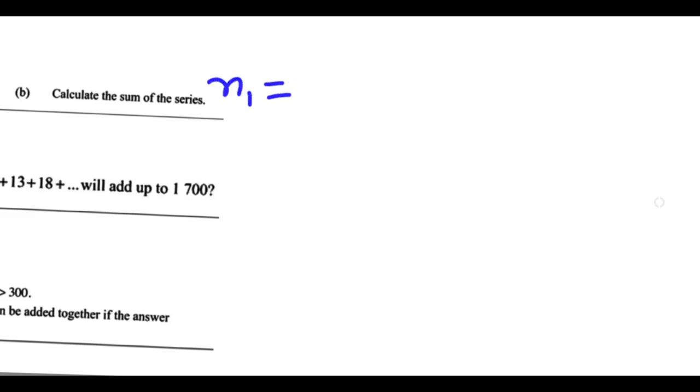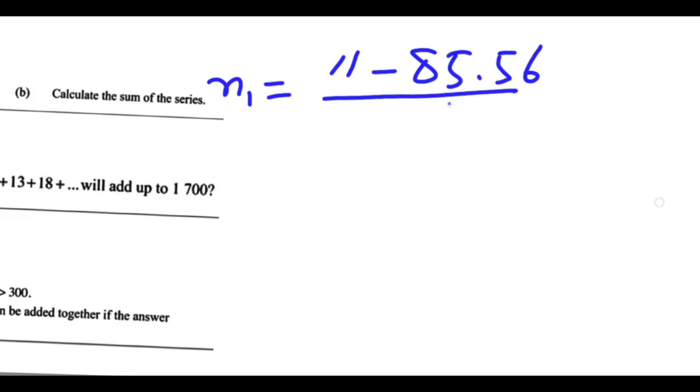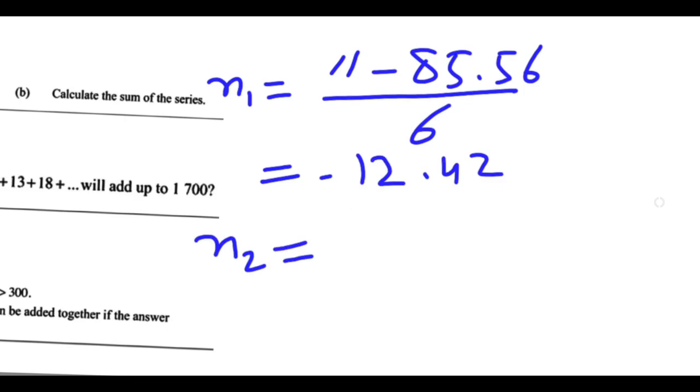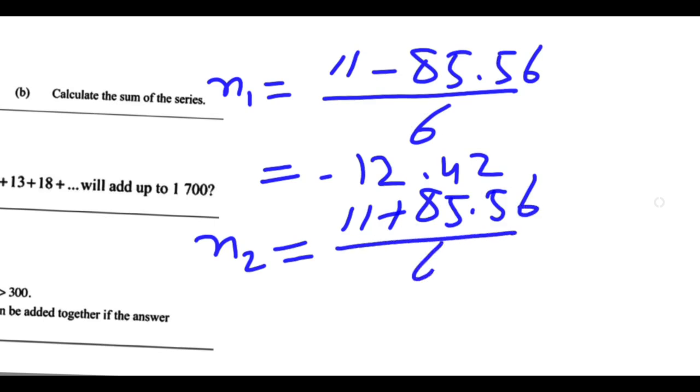So n1 first answer gonna be 11 minus square root of 8556 over 6. The answer is -12.42, and n2 will be 11 plus square root of 8556 over 6. One time minus, one time add.